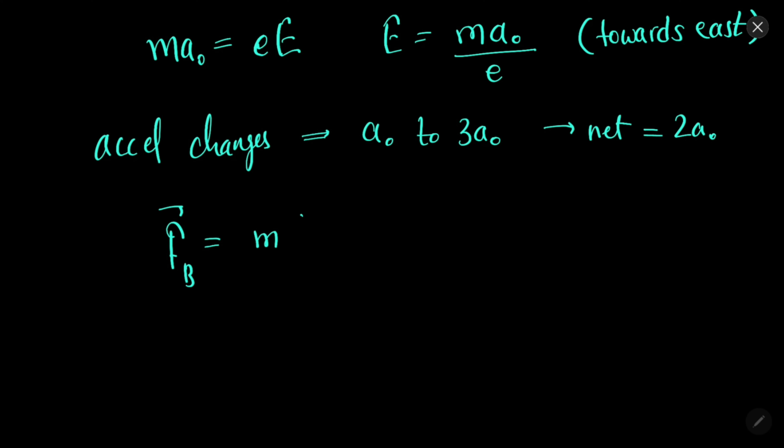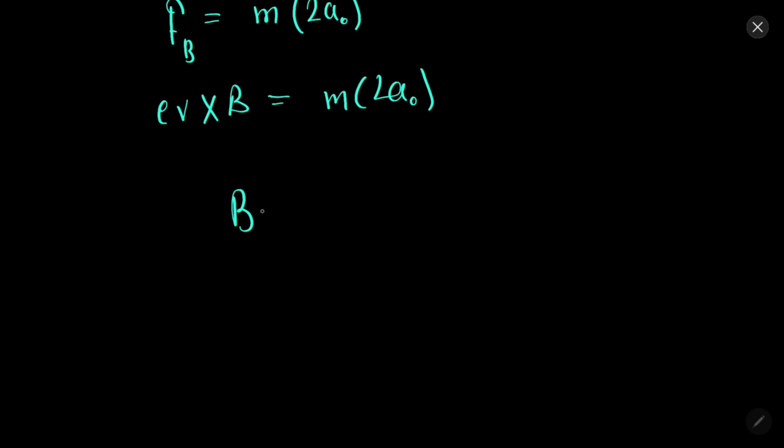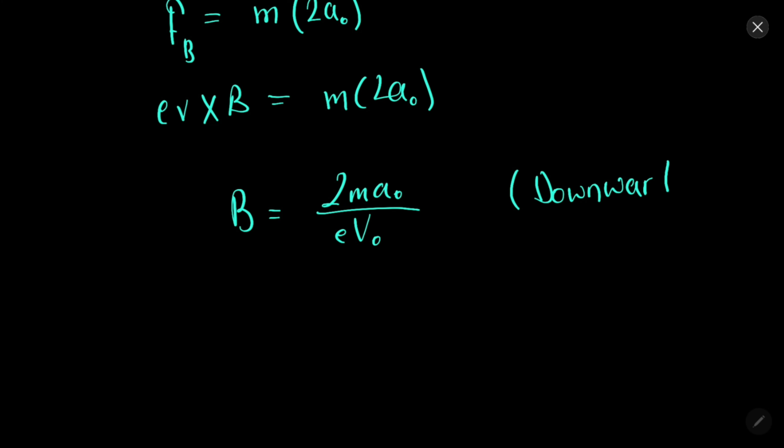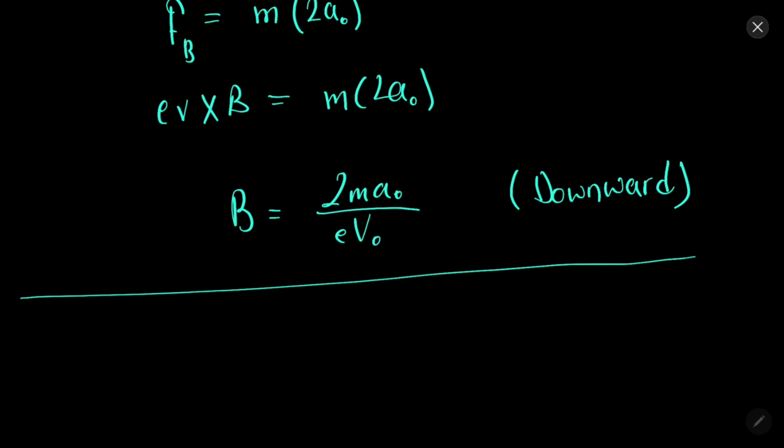So mass into 2a0, and we know that the formula for magnetic force is e v cross B. So from here magnetic field will be 2m a0 over e v0 and it will be downward. Magnetic field will be downward.